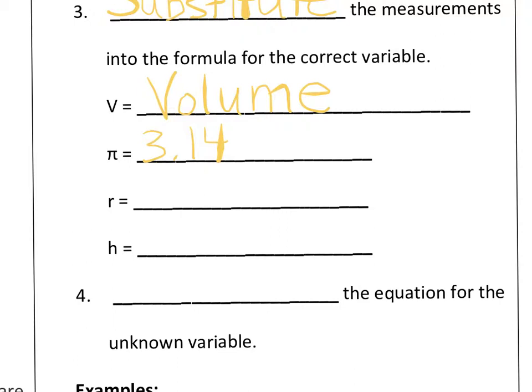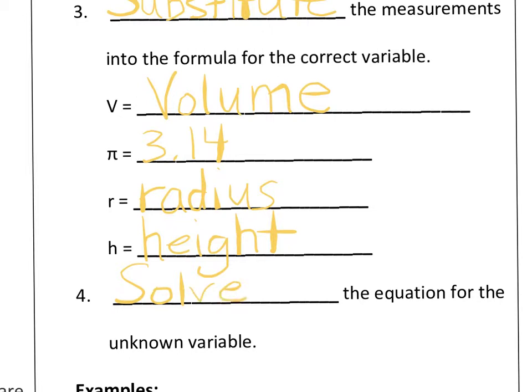So either one is fine. Just make sure you read the problem. Sometimes they will ask you specifically to use 3.14. R stands for radius. Again, remember that that's half of the diameter. And H stands for the height of the object. So once we've substituted our measurements into the formula, then we can solve the equation for the unknown variable.